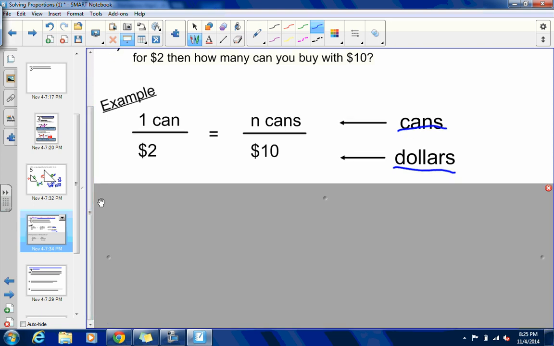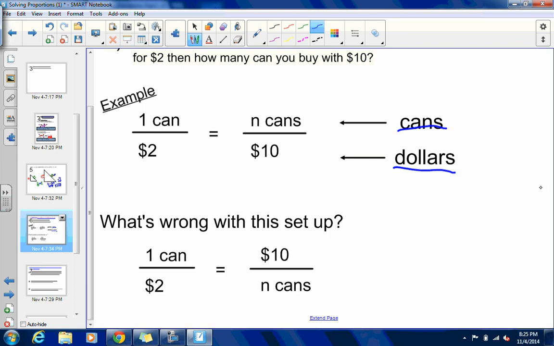A not okay way to set up a proportion would be to not line them up. So what's wrong with this setup? If you did 1 can to $2 equals $10 to n cans, you notice the labels are not lined up or consistent.